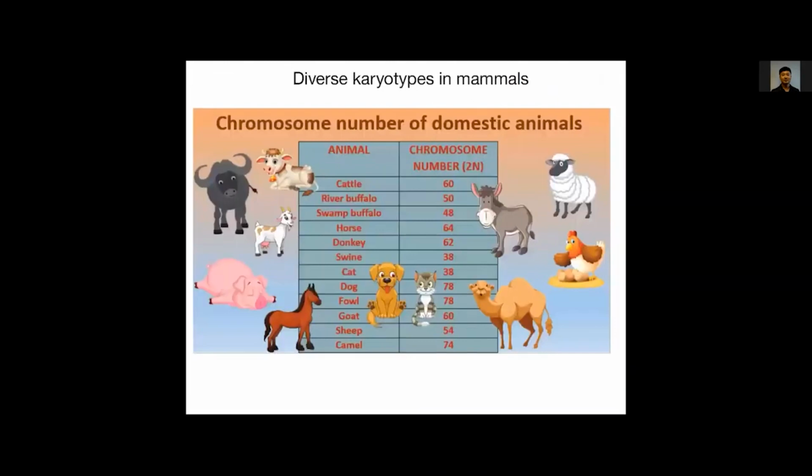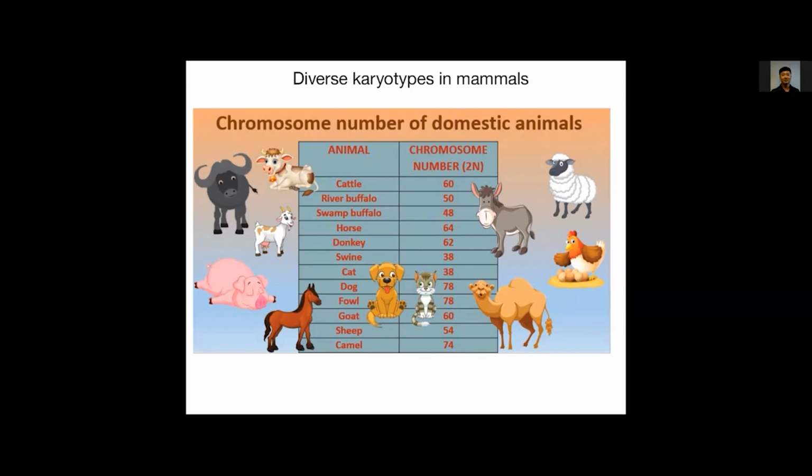If you look at the current domestic animals, you can see their chromosome numbers, their karyotype, vary dramatically. For example, the cat has 38 chromosomes, the camel has 74. So this is in mammals.